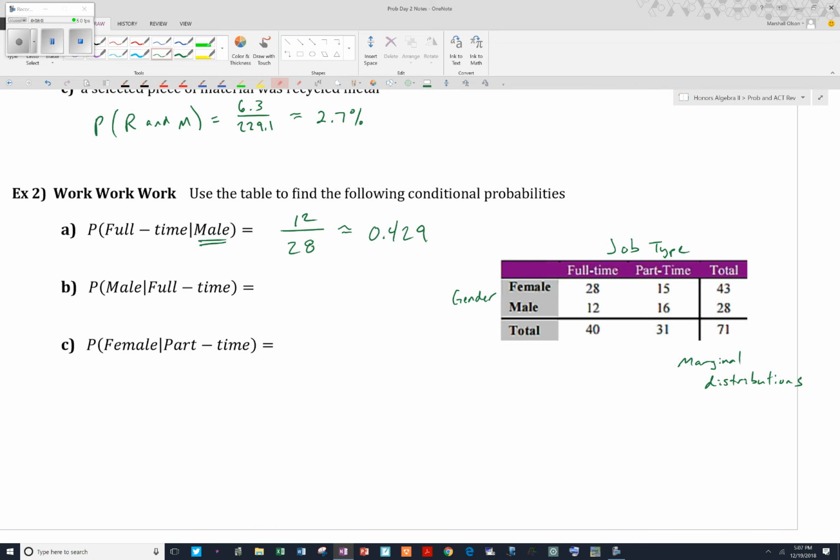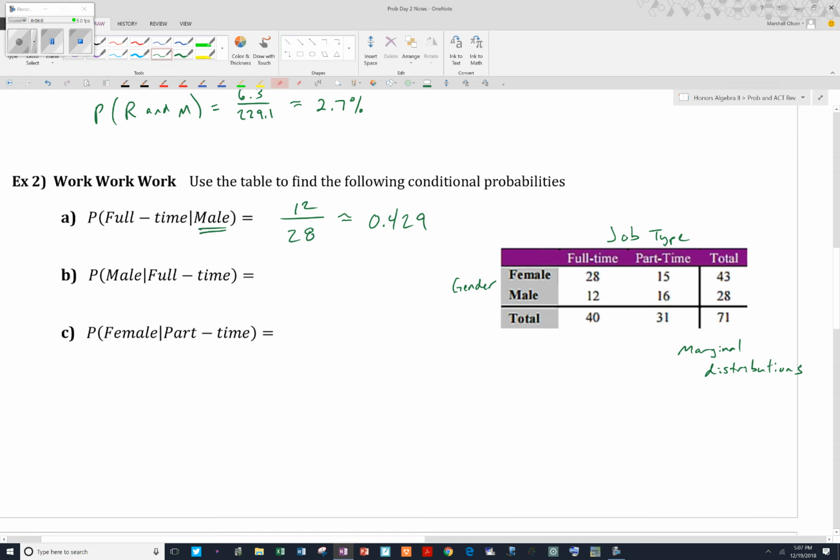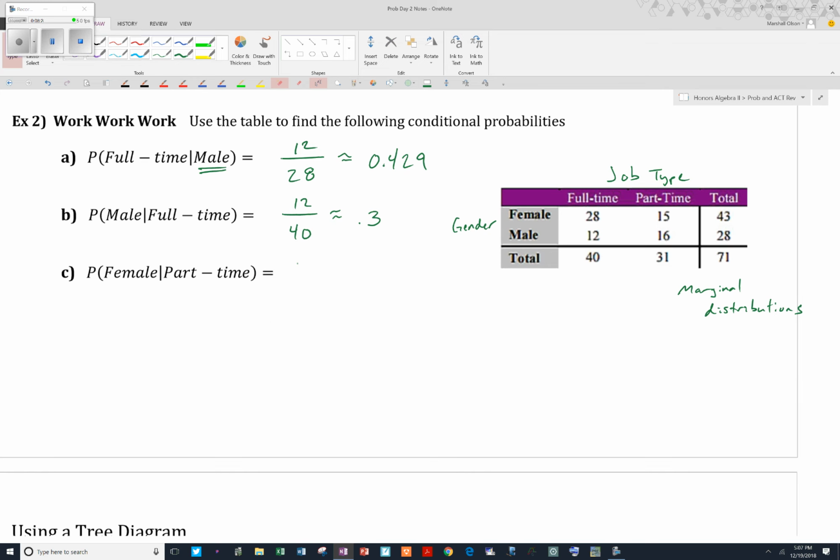So the next one, now we're going to reverse that condition. Now we're given that they're a full-time employee. So now we're looking at just the full-time employees. And what's the probability that they're male? So we're still going to have that 12 up in the numerator. And this is about 0.3. Actually, let's see.